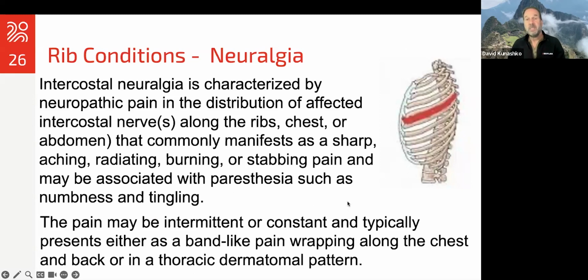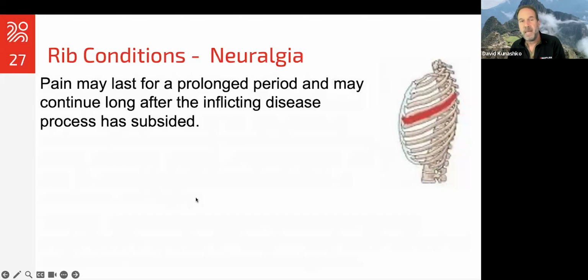The pain may be intermittent or may be constant. And so there's this band-like pain that wraps around the chest and what appears to be a dermatomal pattern, although it's not a dermatome per se because it's a specific nerve. The pain may last for a fairly lengthy period of time.